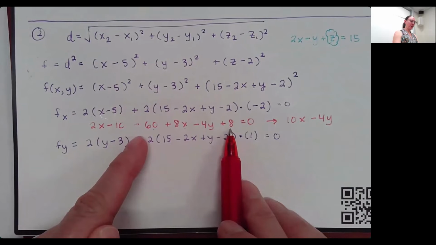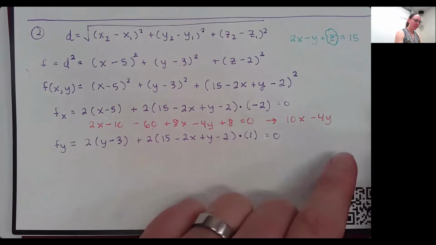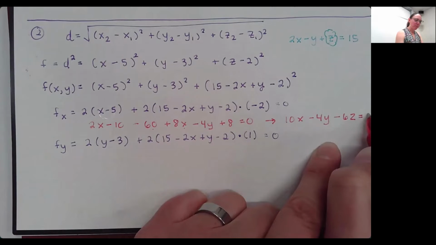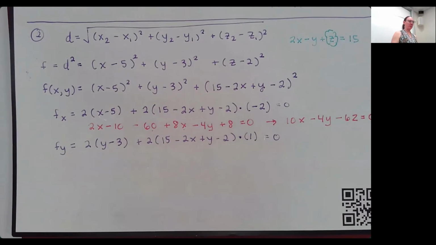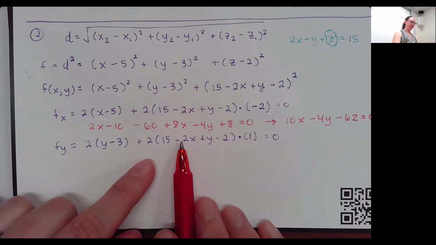So I think I'm at -62. Is that what you all got? Stop me if I made an arithmetic mistake, or a distributing numbers mistake, it happens.